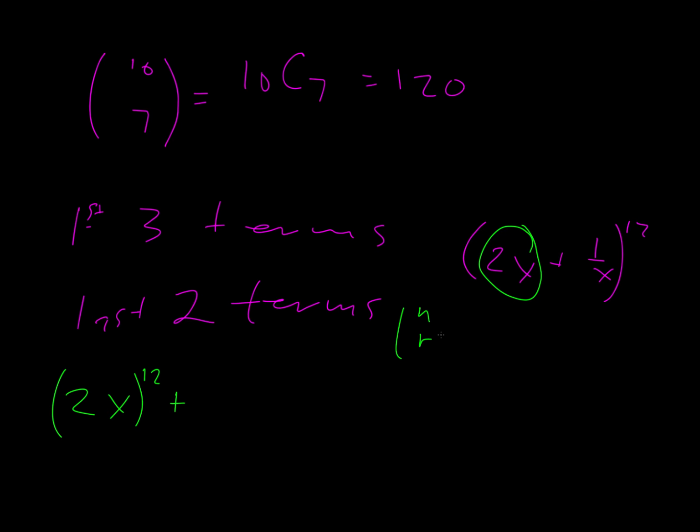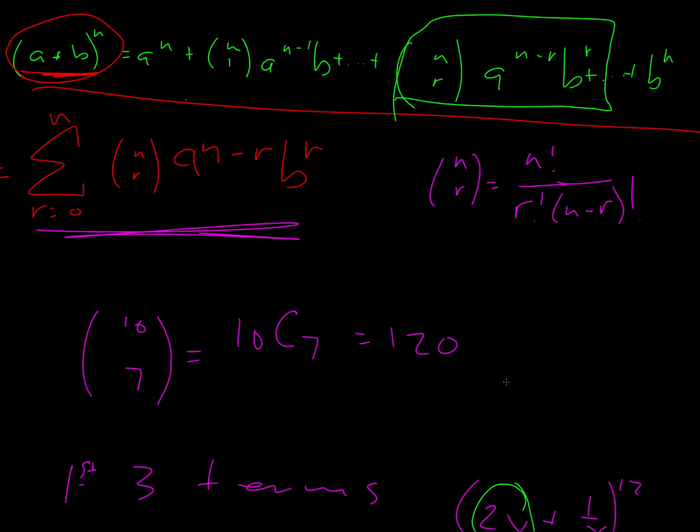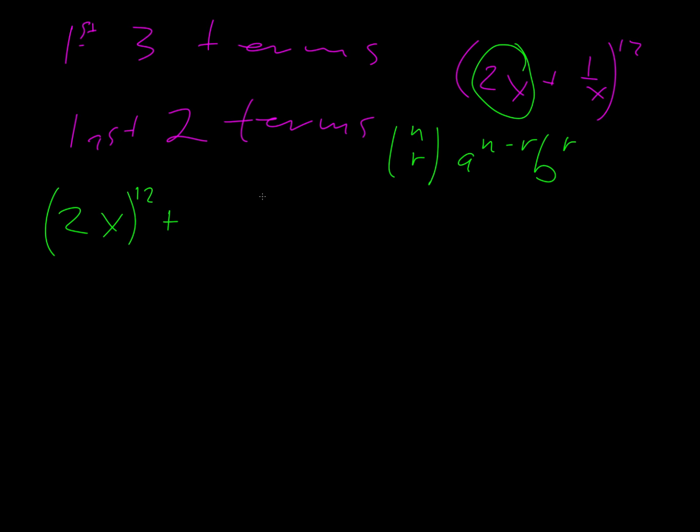So we have n choose r, a^(n-r), b^r. Now r is just the term that we're at. So we start at 0, and then we use a 1, and then a 2. So if we're filling this out, our n is 12, and our r is 1.